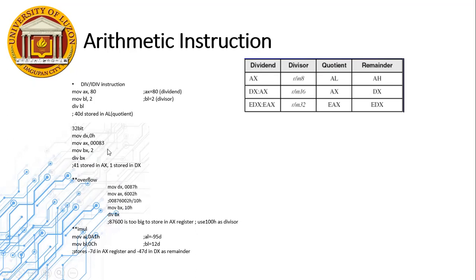So basically it would say 83 divided by 2. That would be 41, and the remainder is 1. So the 41 will be stored in the AX based on our table here, and the remainder will be stored in DX. So for overflow, same.